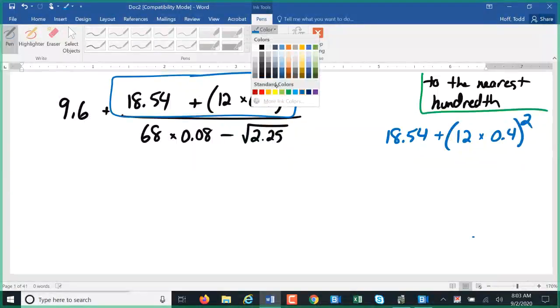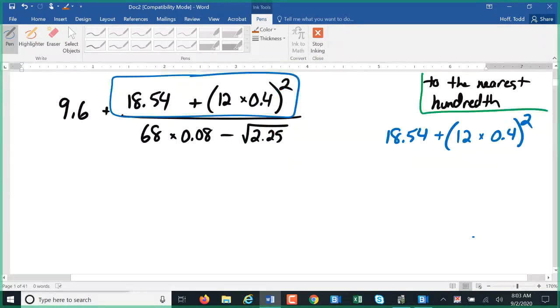Well, in there we still have another enclosing symbol, the 12 times the 0.4, which is 4.8. Now that takes that parentheses down to a single number, so I can take the parentheses out, remembering that I have to put that squared on there.